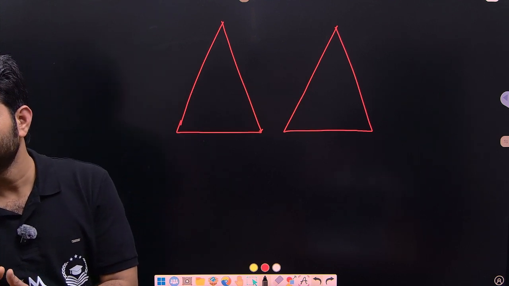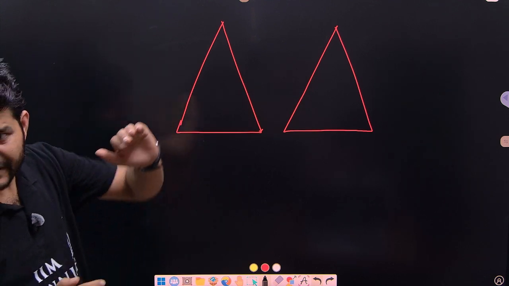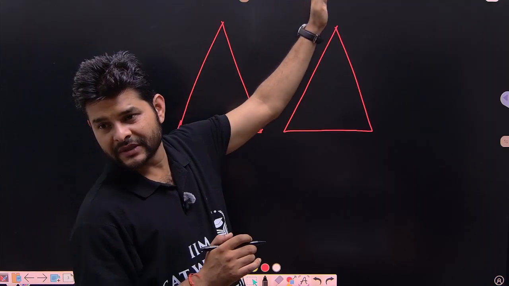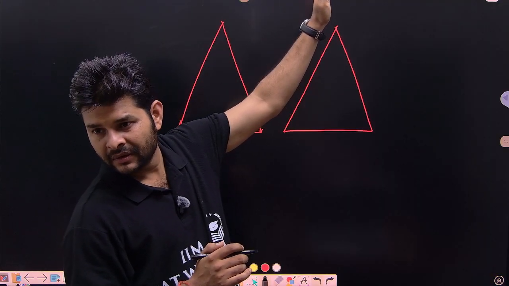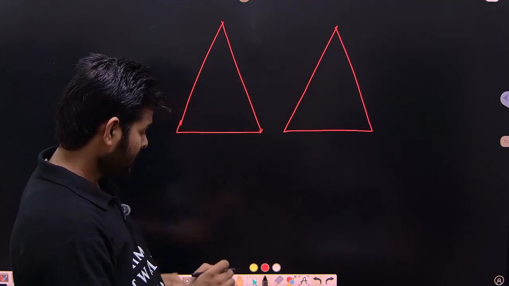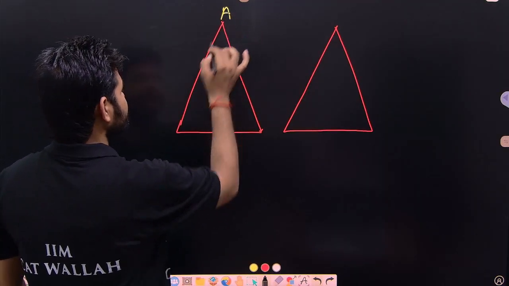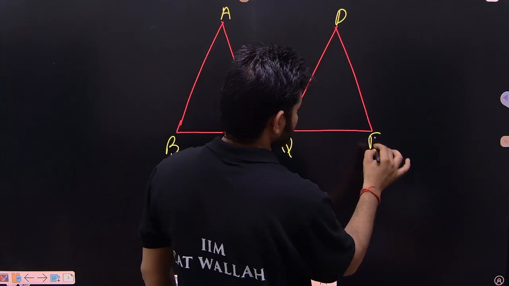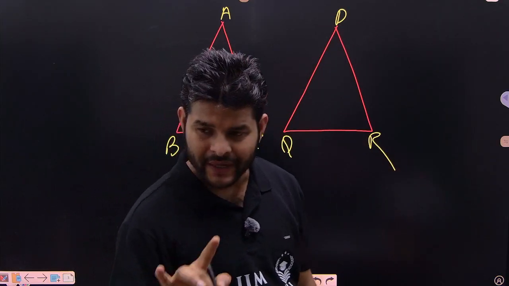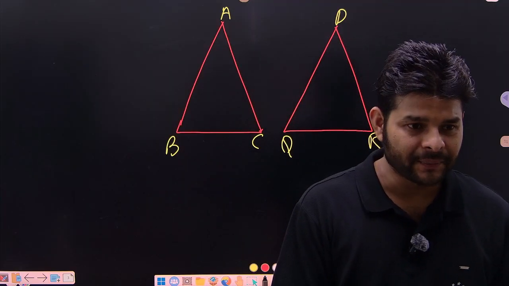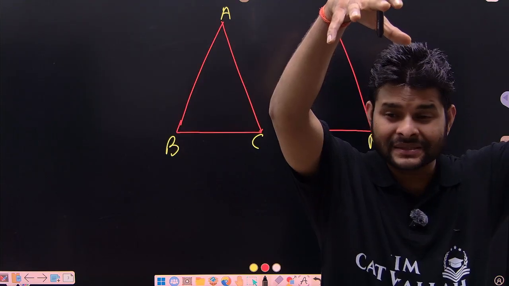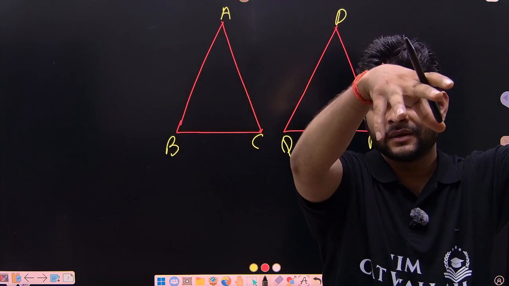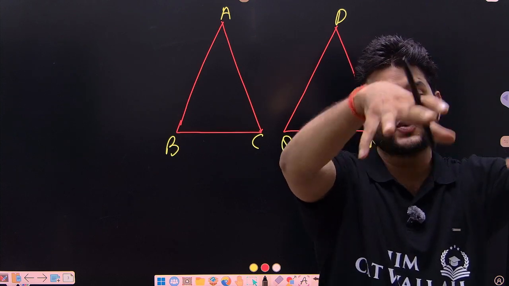Which sides? Corresponding sides. That means if this is on the left hand, this is equal to the side which is on the left hand. So ABC and PQR are congruent triangles. That means their corresponding sides as well as their corresponding angles must be equal.